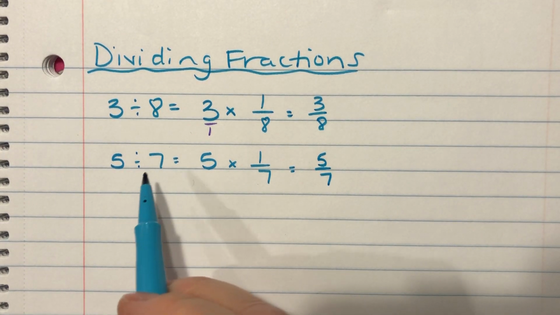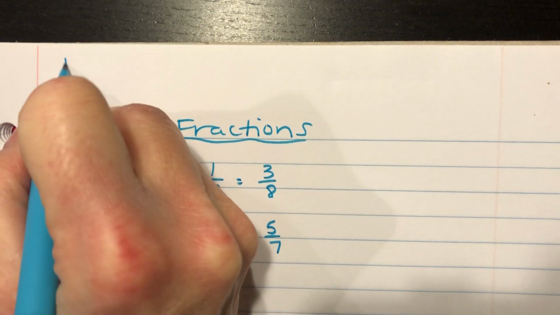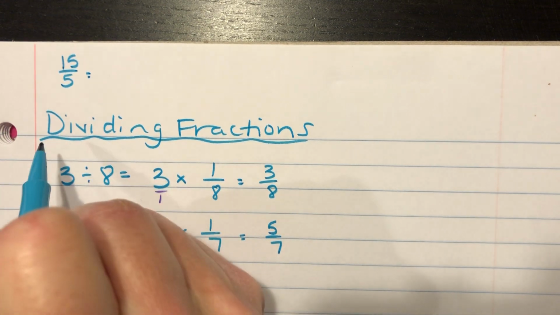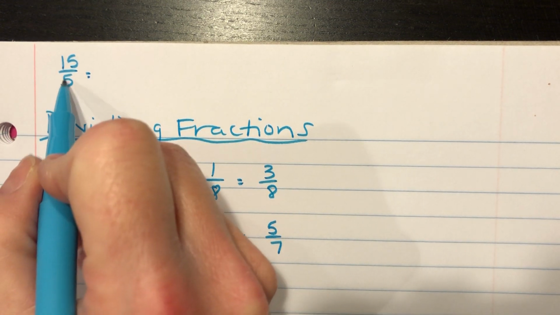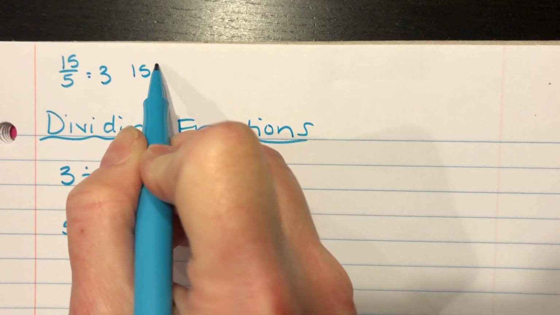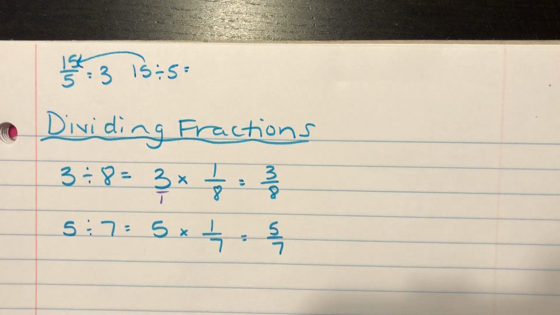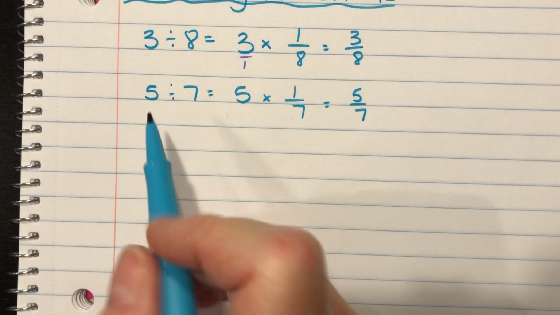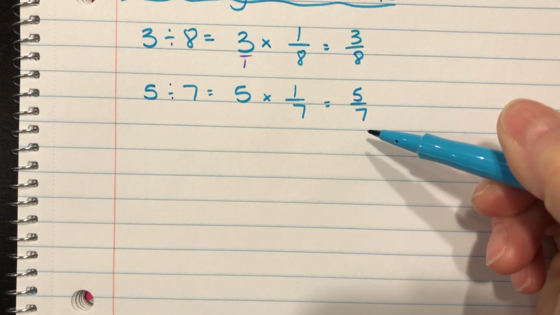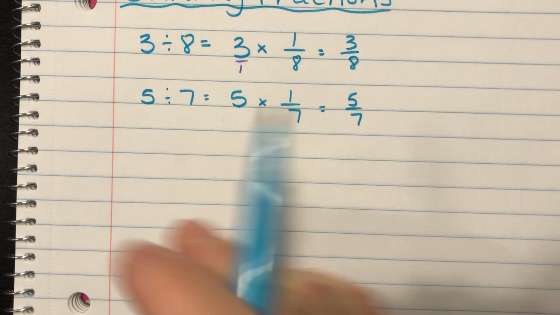And you don't have to write this down, but if I give you 15 over 5, what would you tell me that equals? I'm sure you would tell me it equals 3, because this really means 15 divided by 5. The same thing here: 5 over 7 means 5 divided by 7. I know it's strange because the numerator is smaller than the denominator.